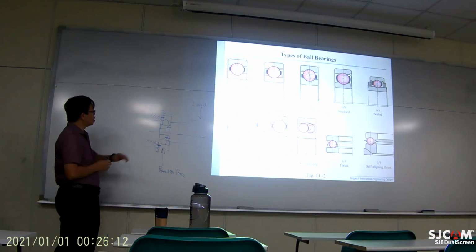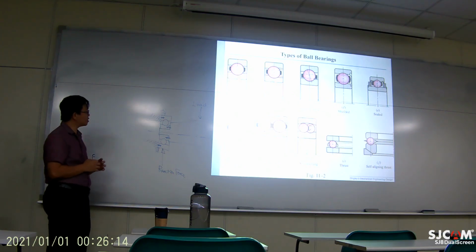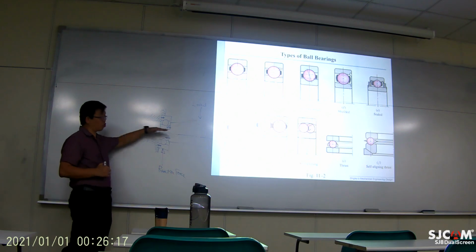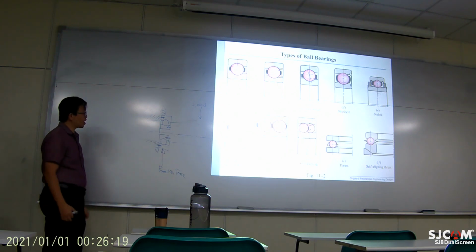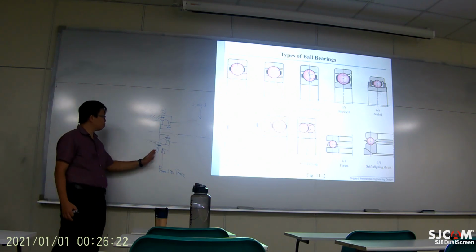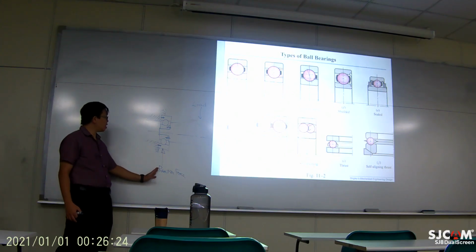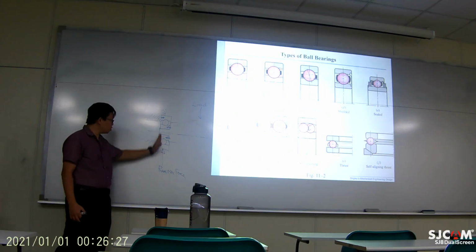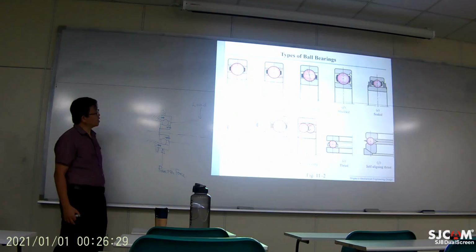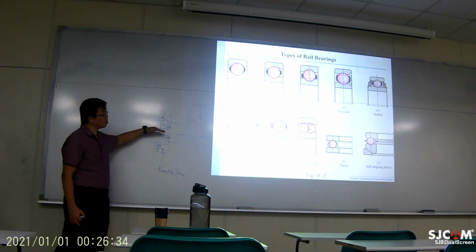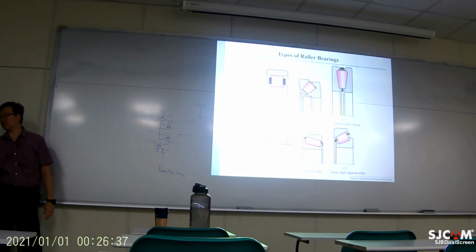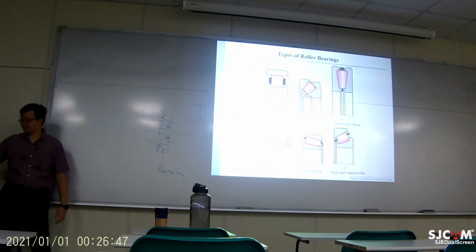So sometimes the geometry inside carries loads along the axial direction as well. But for the usual case, when you design for a shaft, most of the time you are preparing for loads along this radial direction. If you need to carry loads along this axial direction, you may need the roller bearing, because some rollers are designed for carrying loads along this direction.